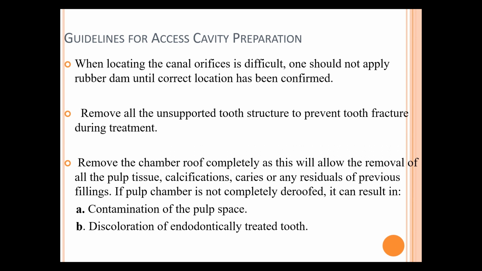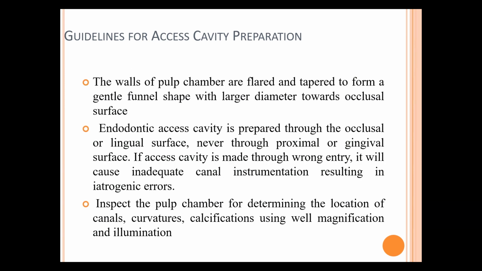If the pulp chamber is not completely de-roofed, it can result in contamination of the pulp space and discoloration of the endodontically treated tooth. The walls of the pulp chamber are flared and tapered to form a gentle funnel shape with a larger diameter towards the occlusal surface.